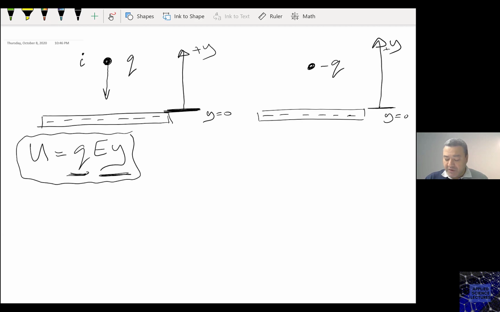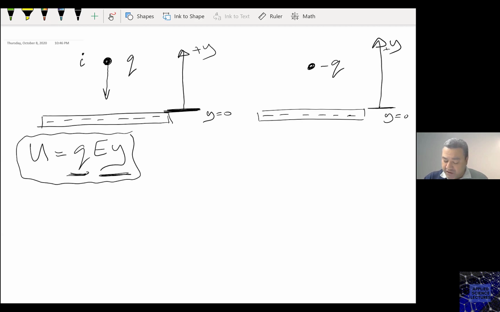Why? Because it has positive charge and this is negative charge. Those negative charges will attract this positive charge, and also this means that it is going toward decreasing its potential energy.